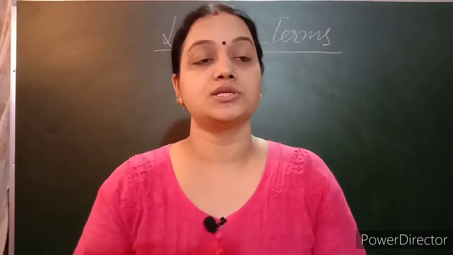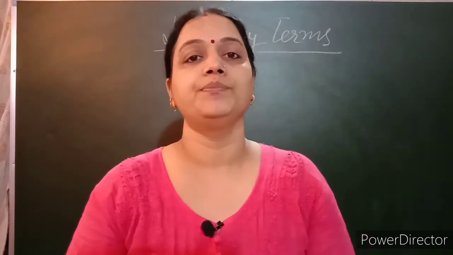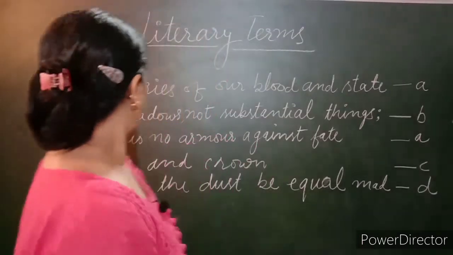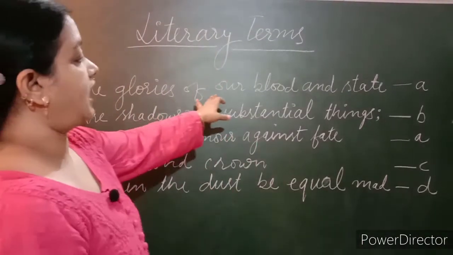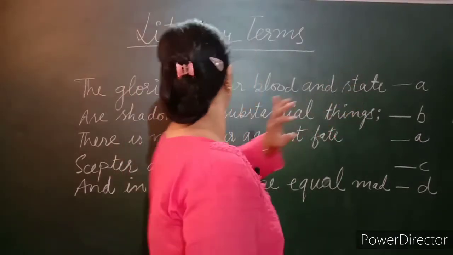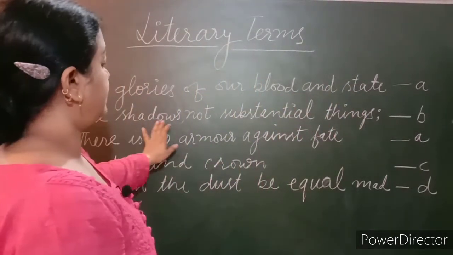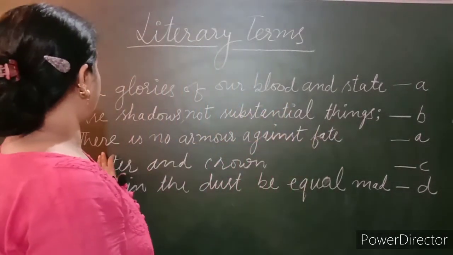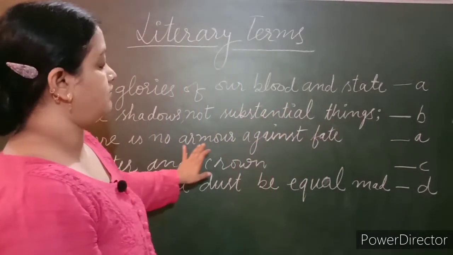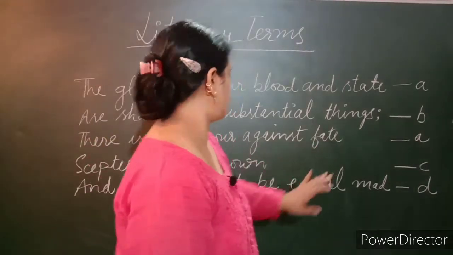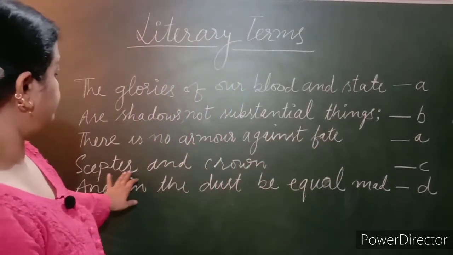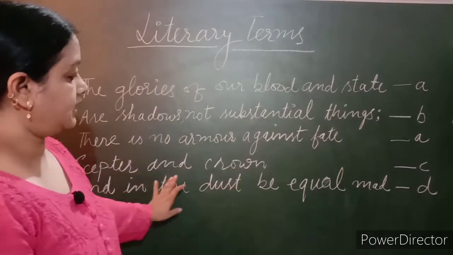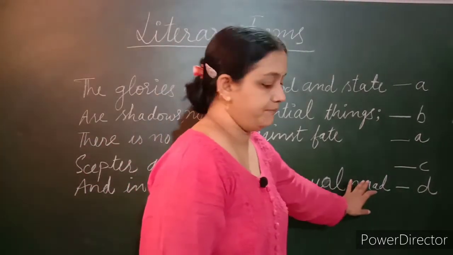For instance, for example: The glories of our blood and state are shadows, not substantial things. There is no armor against fate, sceptre and crown, and in the dust we equal made.